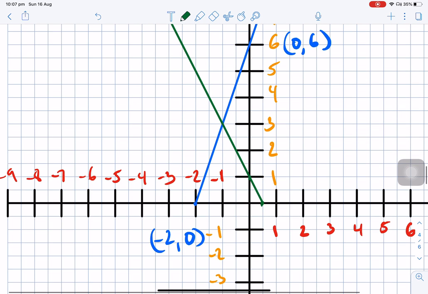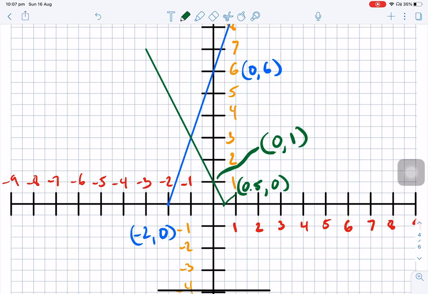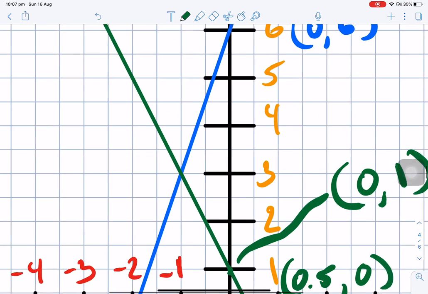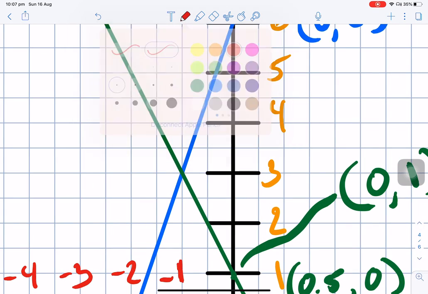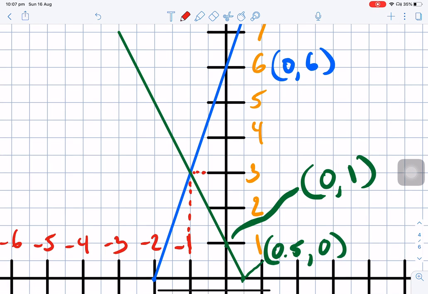Keeping in mind that we had our 2 points here, 0.5, 0, and the y-intercept of 0, 1 for line B. If I zoom in there, I can see that I've got an x value of -1 and a y value of 3, and that means that the graphical solution for this problem would be -1, 3.